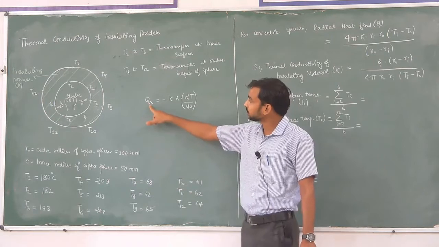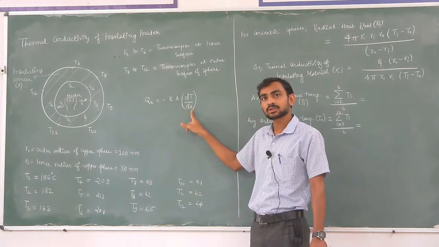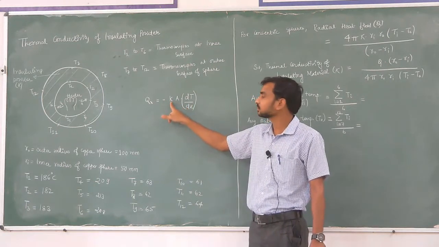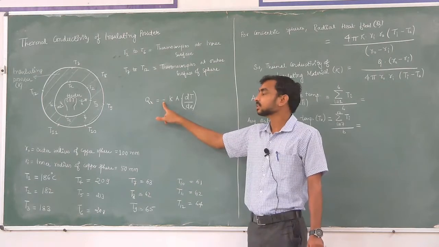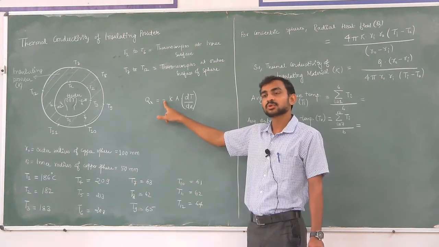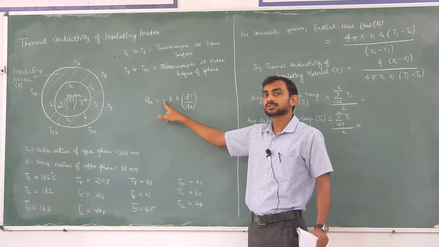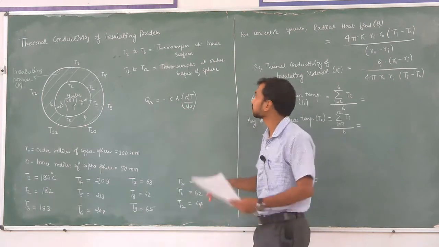And this is the proportionality constant, which is thermal conductivity, and the negative sign represents that heat will always flow from higher temperature to lower temperature. So, this is the Fourier law of heat conduction equation.